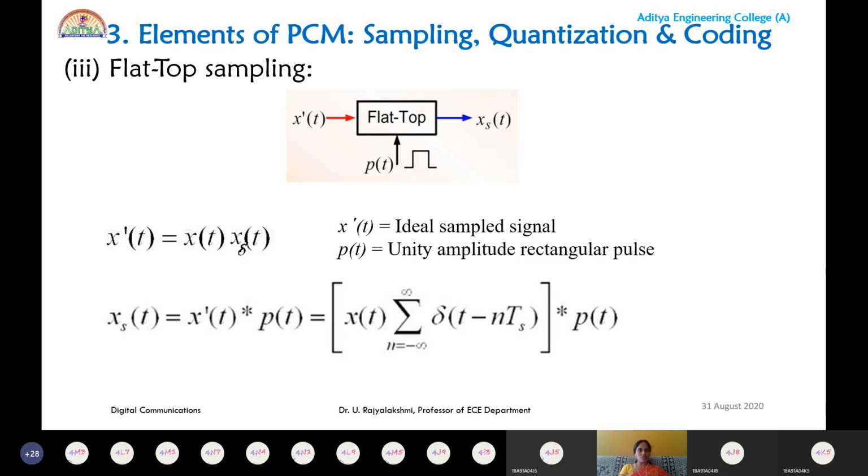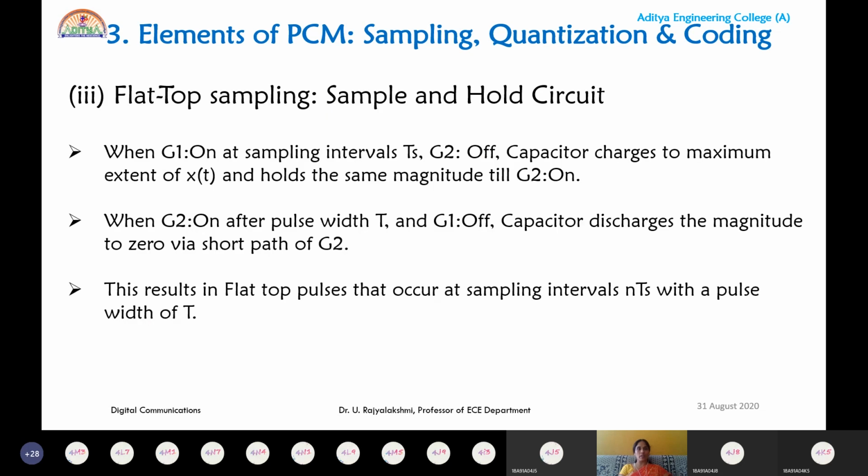And we initiated three different types of sampling techniques. First one is ideal sampling. In ideal sampling, the analog signal is directly multiplied with a series of impulse trains. Because the impulse train is difficult to generate, in natural sampling the series of impulses is replaced with a series of pulses.